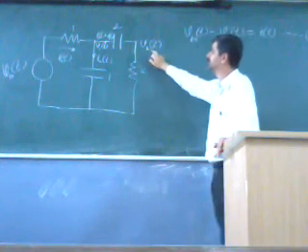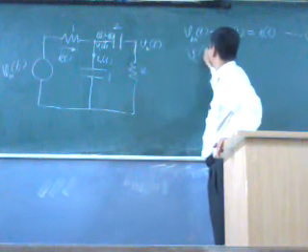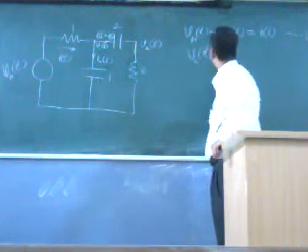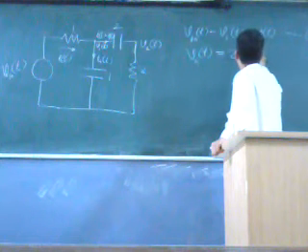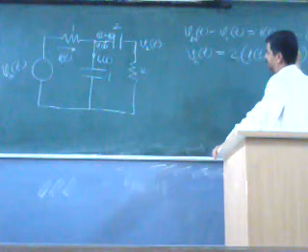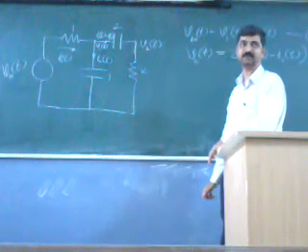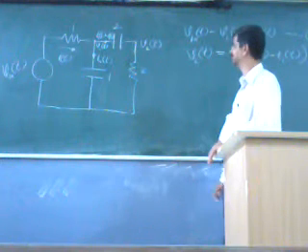What is V2(t)? V2(t) is very simple in this sense, it is equal to 2 into bracket I(t) minus I1(t).